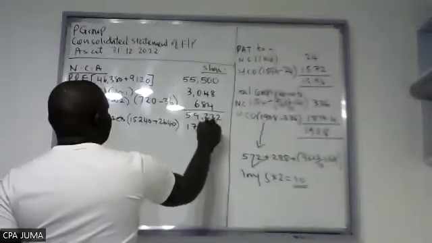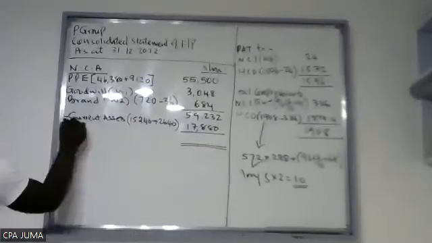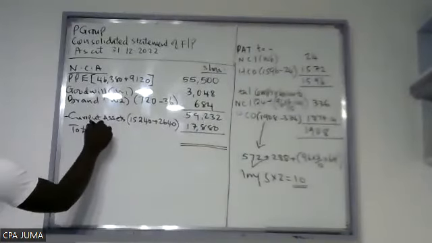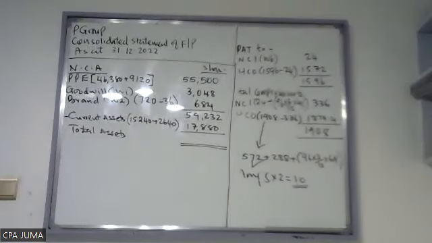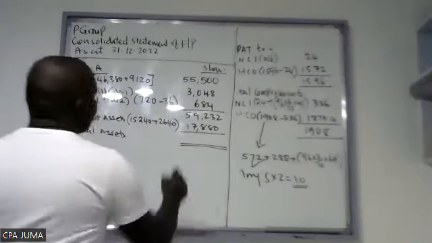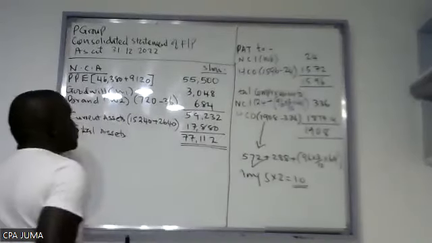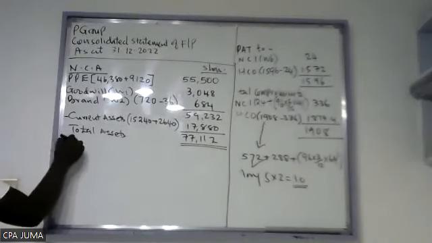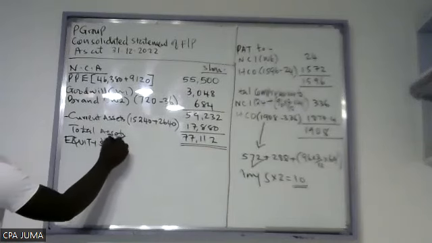Thank you. Total assets will be how much? 77,112. Equity and liabilities.